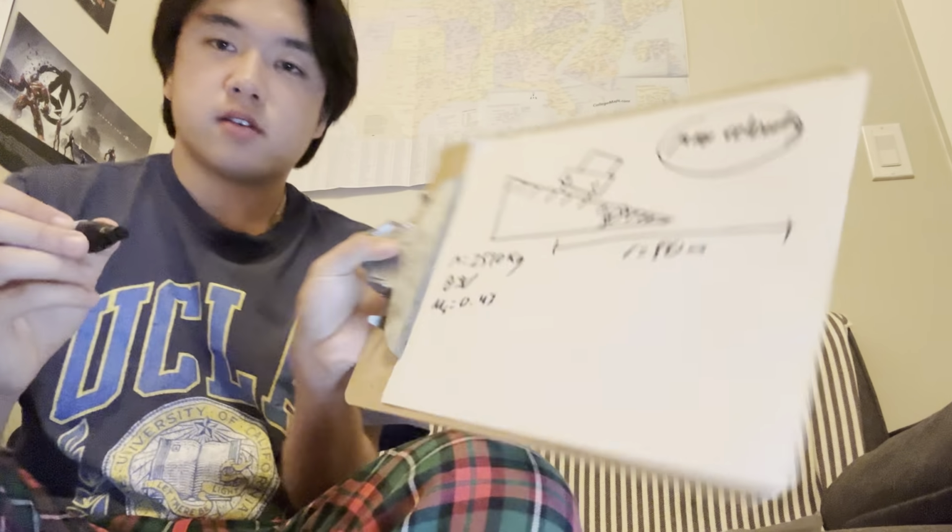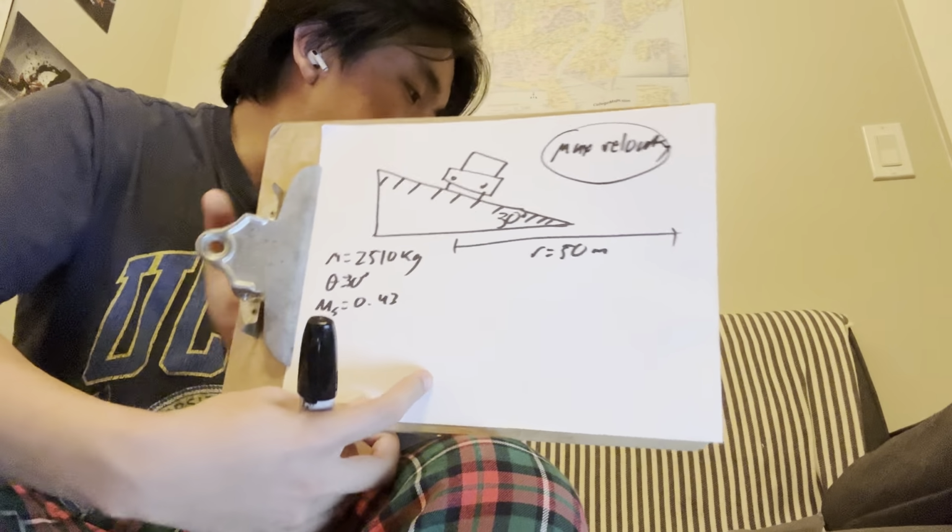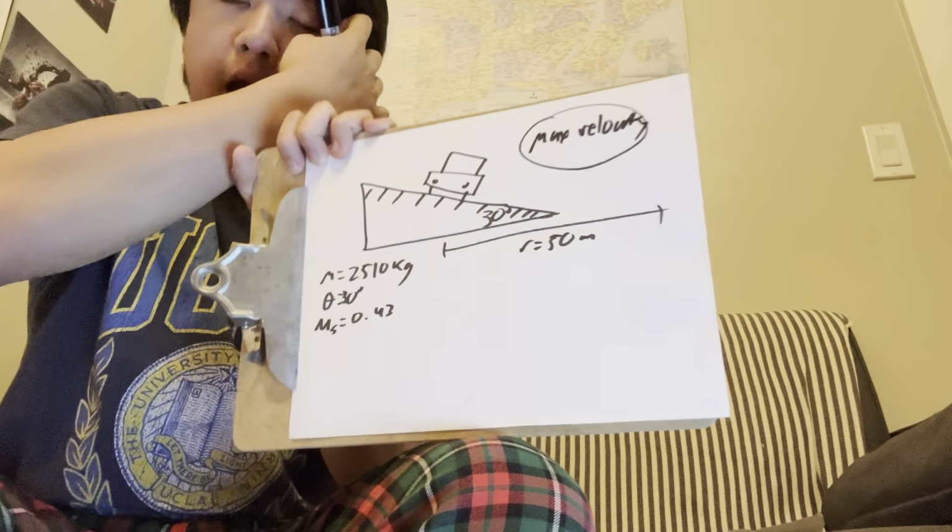Now, we are asked to find the max velocity in which the car does not slide up the ramp. Right?